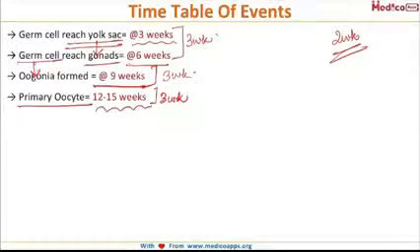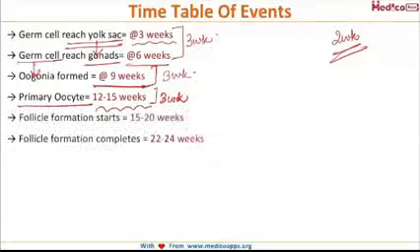Now, these primary oocytes start being surrounded by the follicular cells, that is the granulosa cells from the cortex and the theca cells from the medulla, and it leads to the formation of the primordial follicle. This formation of the primordial follicle starts at 15 to 20 weeks and is completed by 22 to 24 weeks.